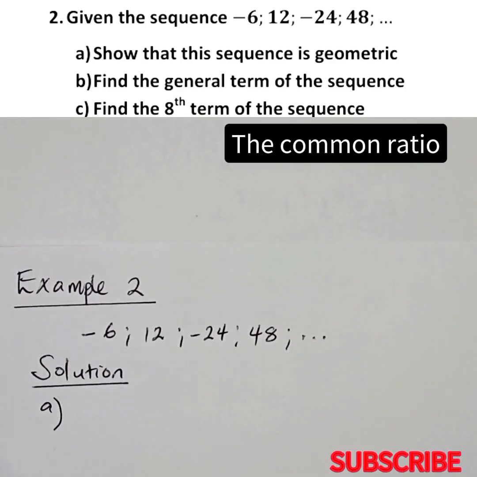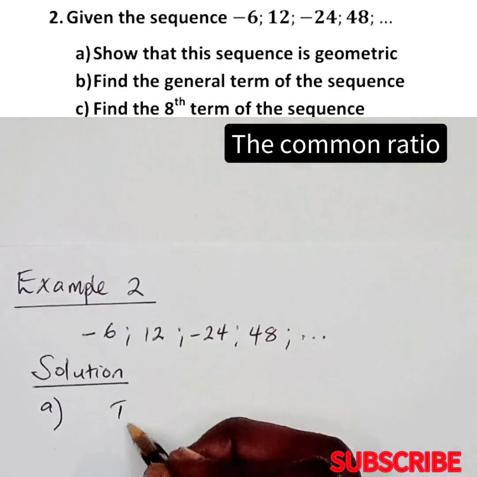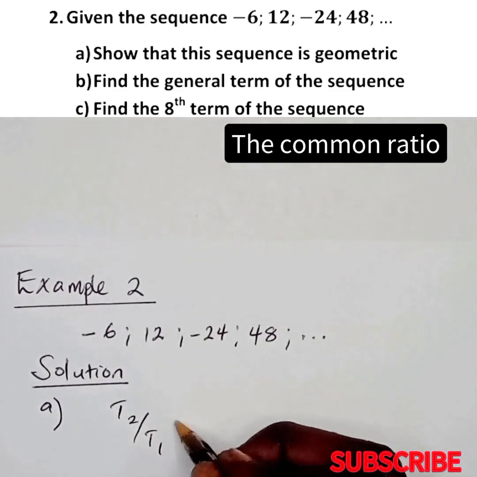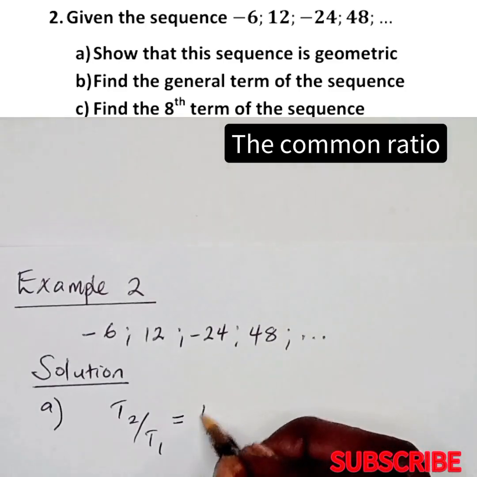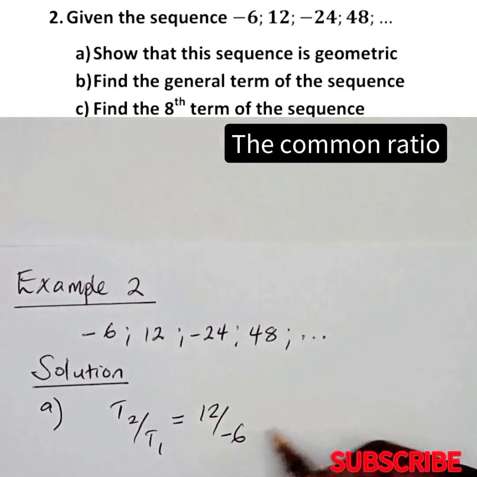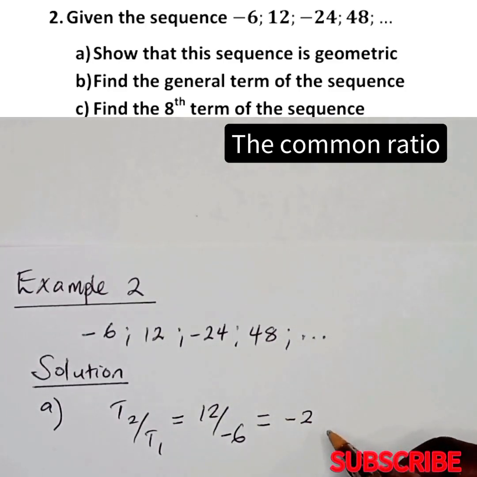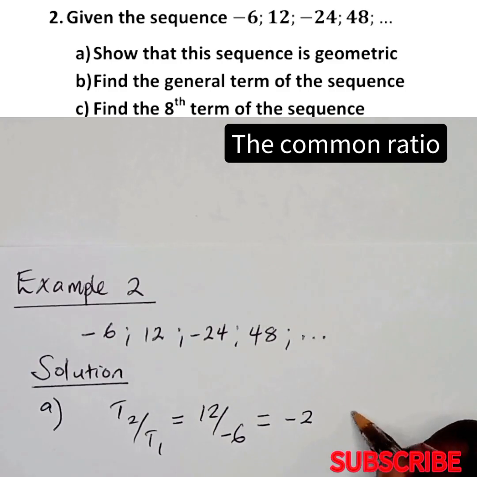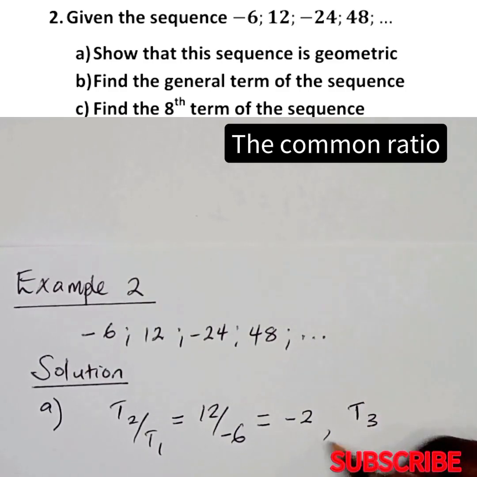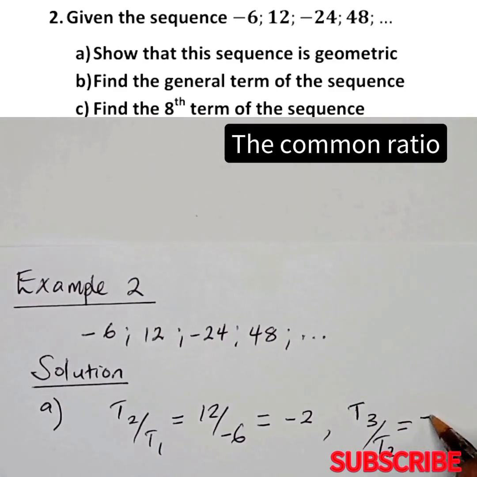Let's consider the common ratio. T2 over T1 is equal to 12 divided by minus 6, and that's the same thing as minus 2. Then we are going to look for T3 over T2. T3 over T2 is equal to minus 24 divided by 12.